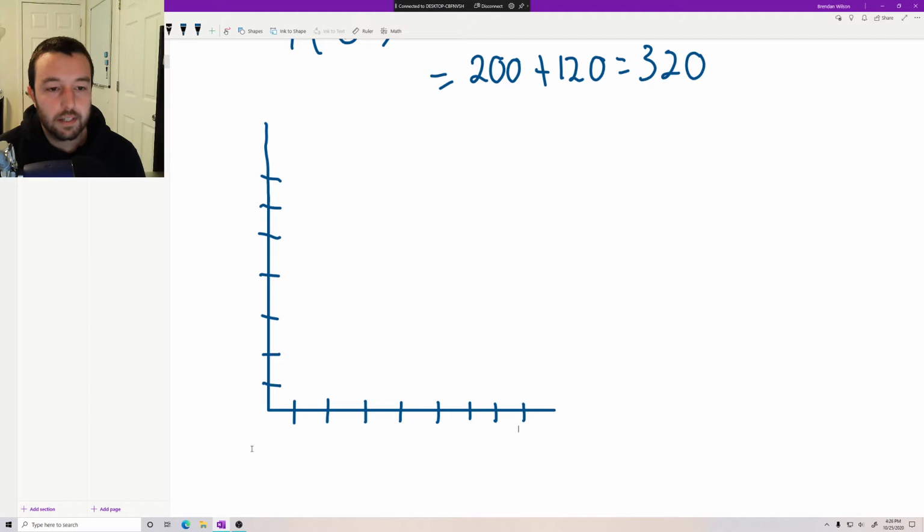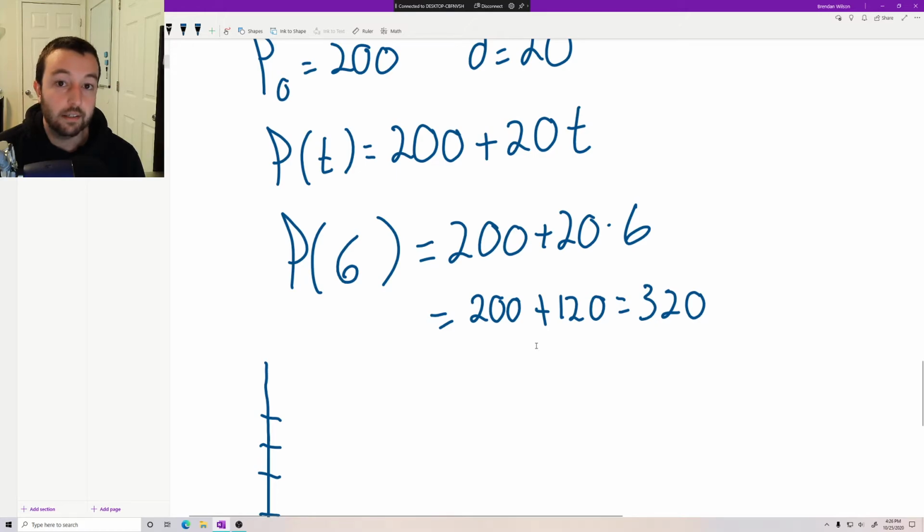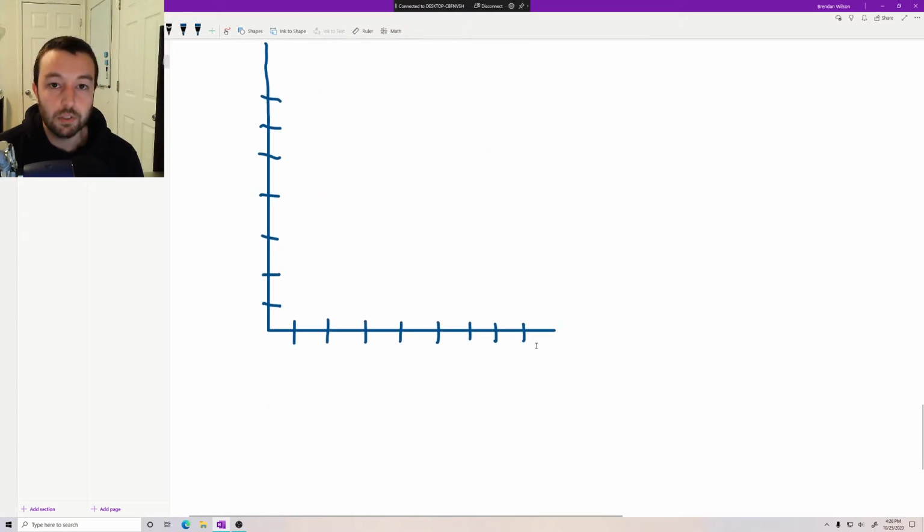So on the horizontal axis, this is the number that we are putting into the equation. Here we were putting T into the equation. T is what is changing. It's what we're looking at.